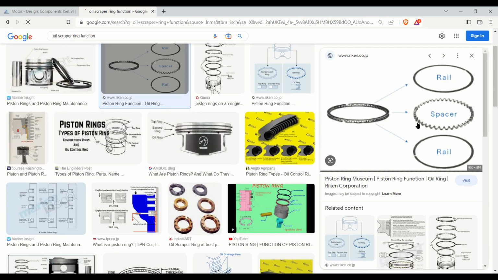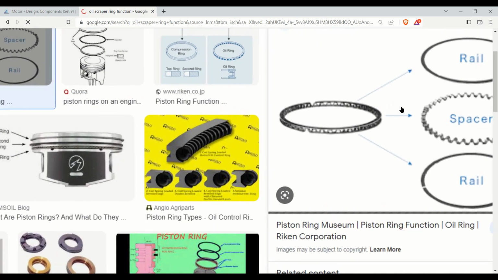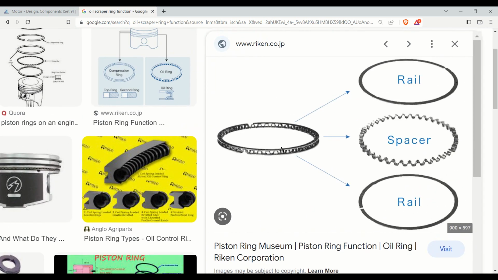You can see this is an image of an oil scraper ring. It consists of three parts. The upper part is the rail, the middle one is the spacer, and the lower one is the rail.